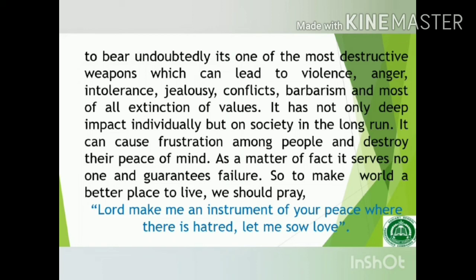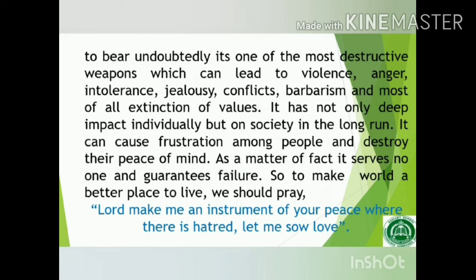As it is written that hate is too heavy a burden to bear, undoubtedly it's one of the most destructive weapons. It is a destructive weapon that can lead to violence. What is violence? Action that causes destruction in the society. Anger, intolerance. Intolerance means impatience. Anger means a strong feeling of displeasure.